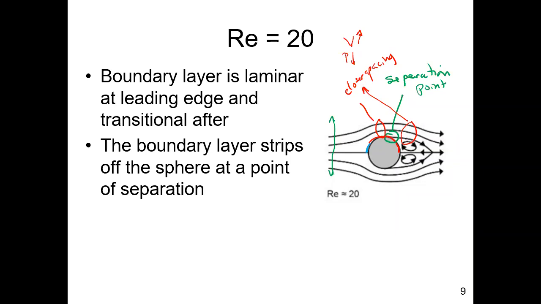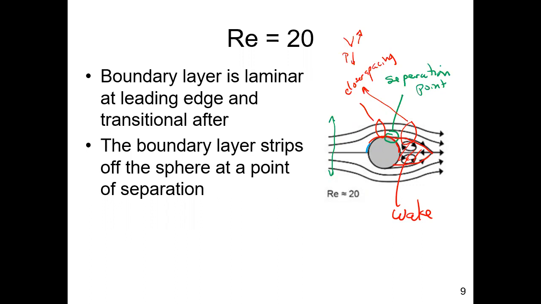The only thing the boundary layer can do is strip off of the sphere and move out into the fluid as an intense zone of shear. And what it leaves behind is what we call a wake. And there is fluid movement in that wake, but it's not any movement in the general direction of flow. It's not stagnant, but it's filled with fluid, but it's not contributing fluid flow with the rest of the system.